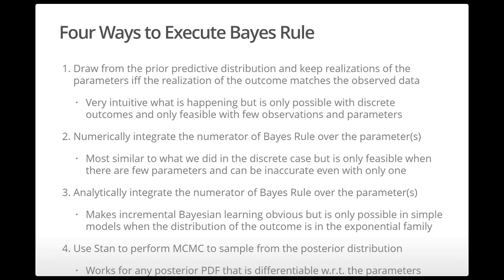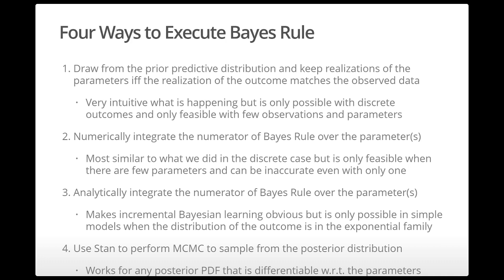That is only really feasible when there's 1 or 2 parameters, and even in that case, the numerical integration can be inaccurate if the numerator is sufficiently complicated. Usually, probability functions are pretty well behaved, so this really is feasible as long as you have 1 or 2 parameters. But deterministic numerical integration in high dimensions, where high starts at 3, is not that feasible when you have more than 1 or 2 dimensions.